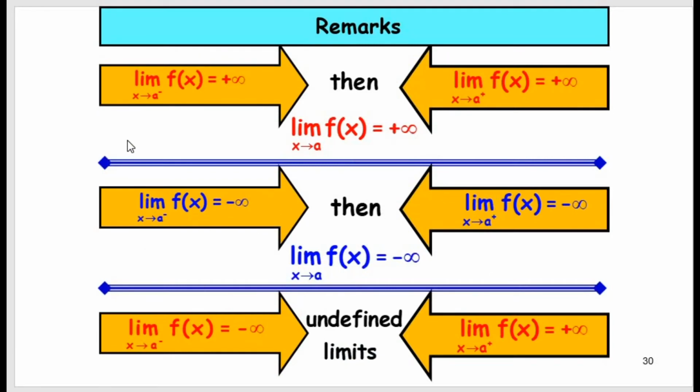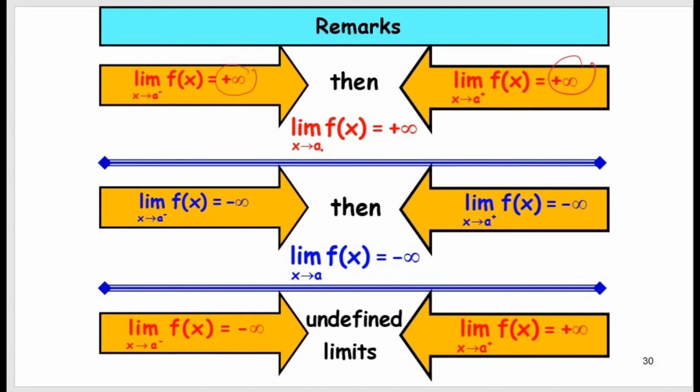So then what you can say, as a conclusion, is if from the left side and also the right side the answer is the same. So the limit from x approaching a from left of f(x) is positive infinity, and also the limit x approaching a from right for function f(x) is positive infinity.